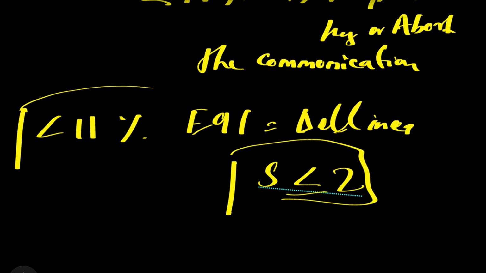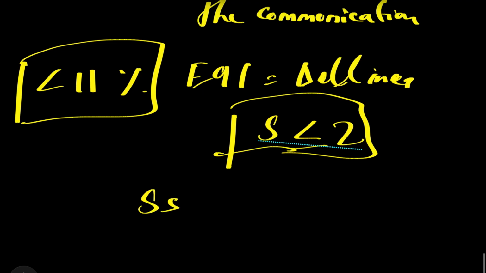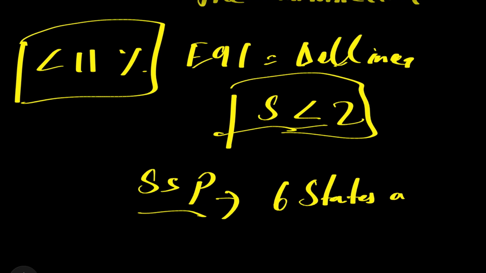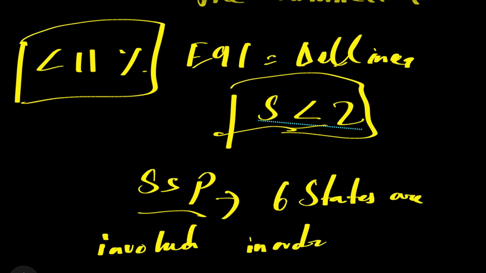All this remains the same, but the six-state protocol states that six states are invoked in order to have a higher probability of finding eavesdropping.